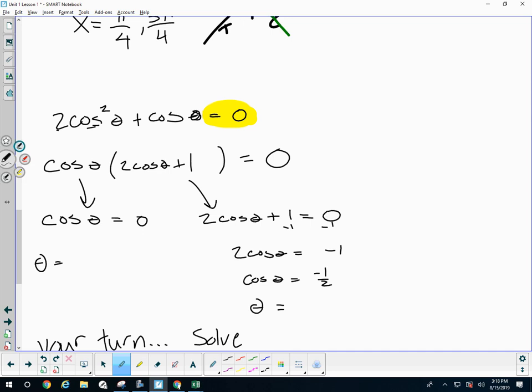Okay, you factor a cosine out. Now you have this times this equals 0. Since it's a product set equal to 0, this piece set equal to 0, that set equal to 0. Two equations that you solve.